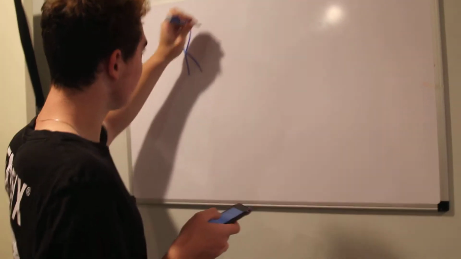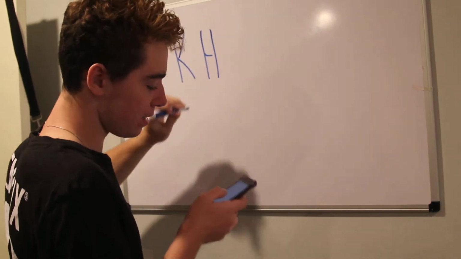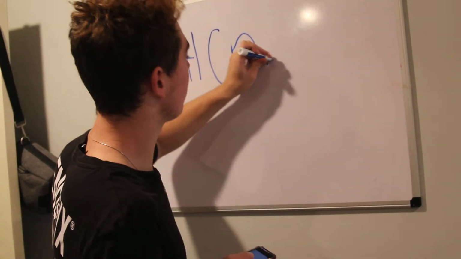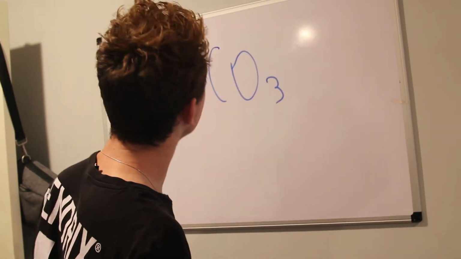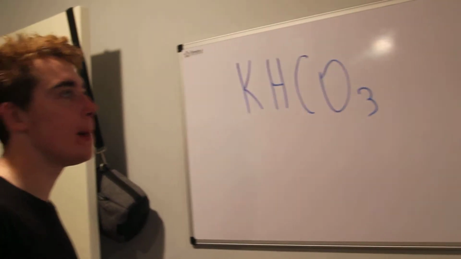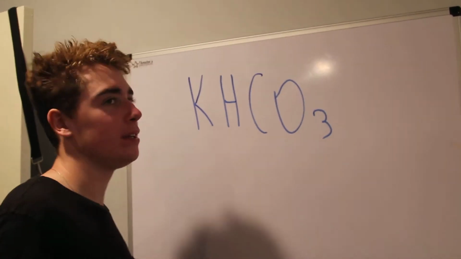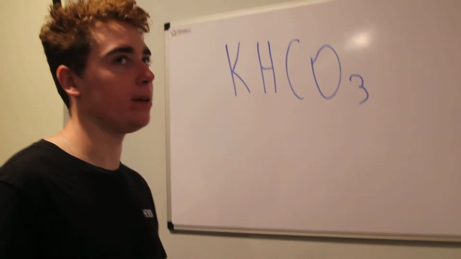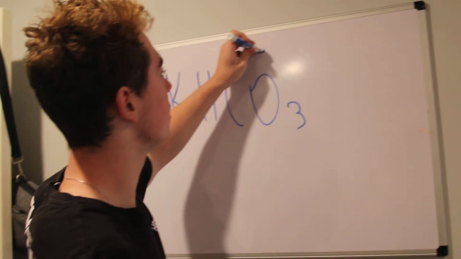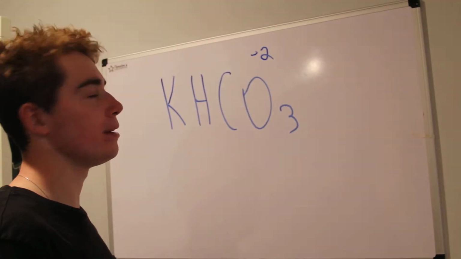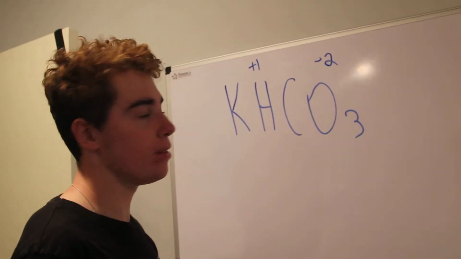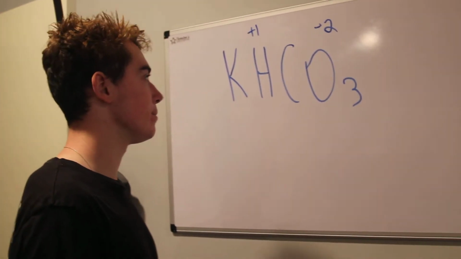Alright, we have potassium, hydrogen, and CO3 all linked up. Now, the rule is, if there's no fluorine present, the oxygen in the O3 is going to be -2. And then hydrogen is +1. Now we just make an equation.